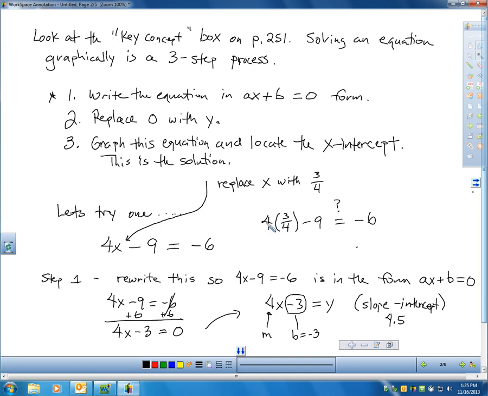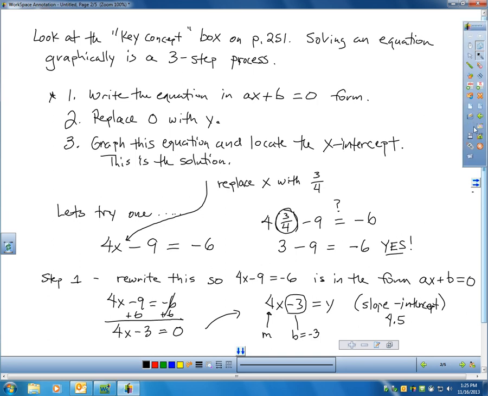Well, if I take 4 times 3/4, I get 3, and 3 minus 9, yes, does indeed equal -6. So that would mean 3/4 was the solution, and this is how I solved that problem graphically.